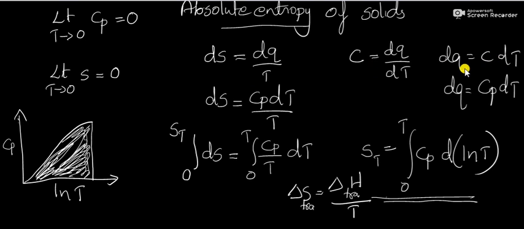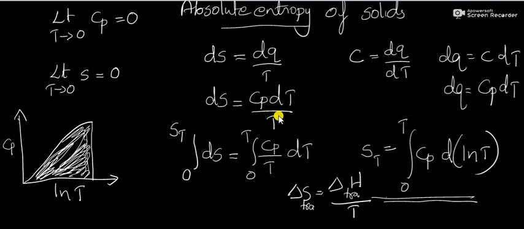If we consider the system at constant pressure, we can write dq equal to Cp into dT. Then, applying this, we can write dS equal to Cp dT divided by T.